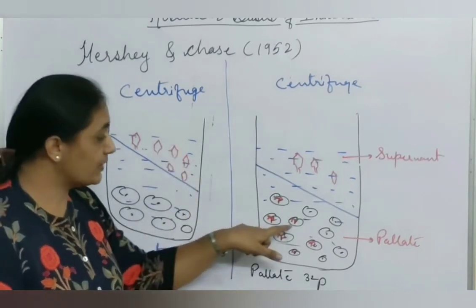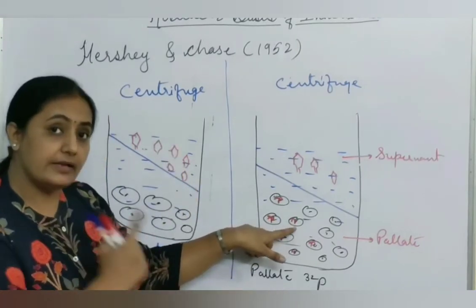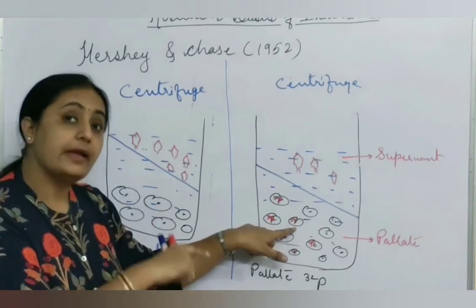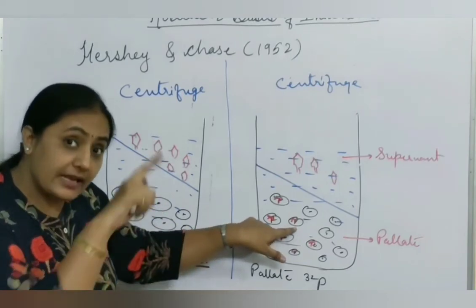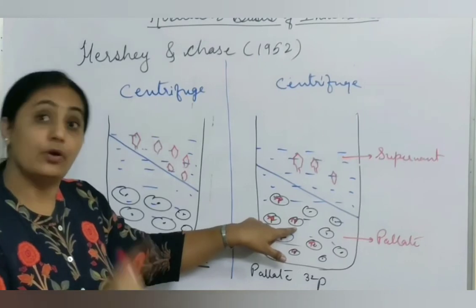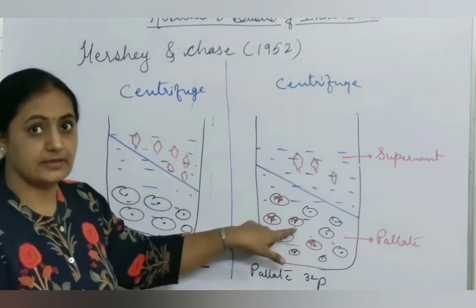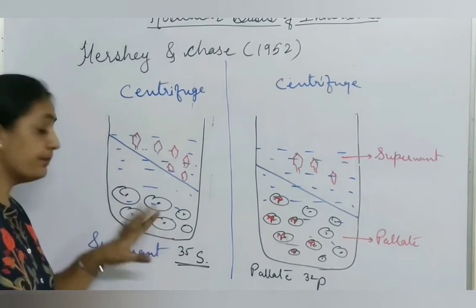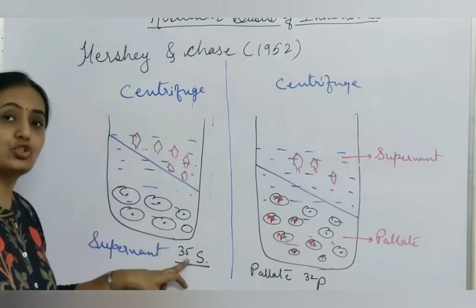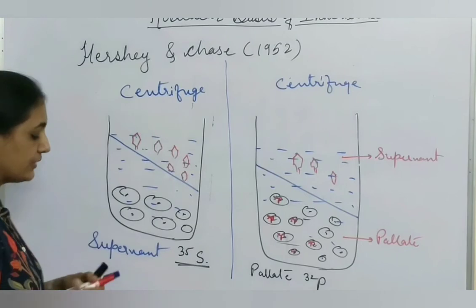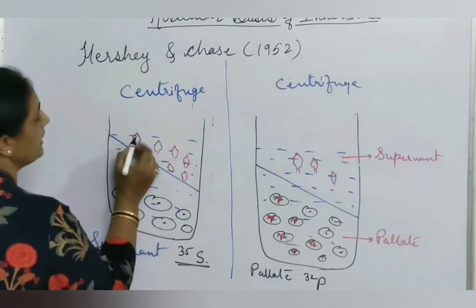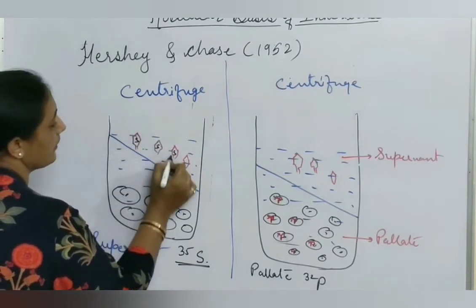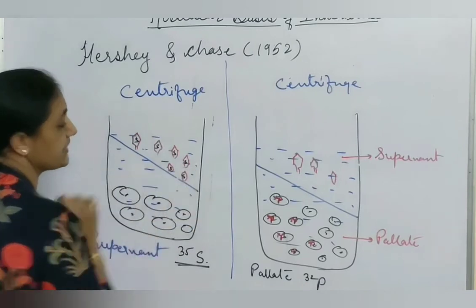As phosphorus is detected in the bacterium, it indicates that DNA comes into the bacterium from that virus. In this bacterium, no sulfur isotopes are present. All sulfur isotopes are present only in this protein shell or capsule.